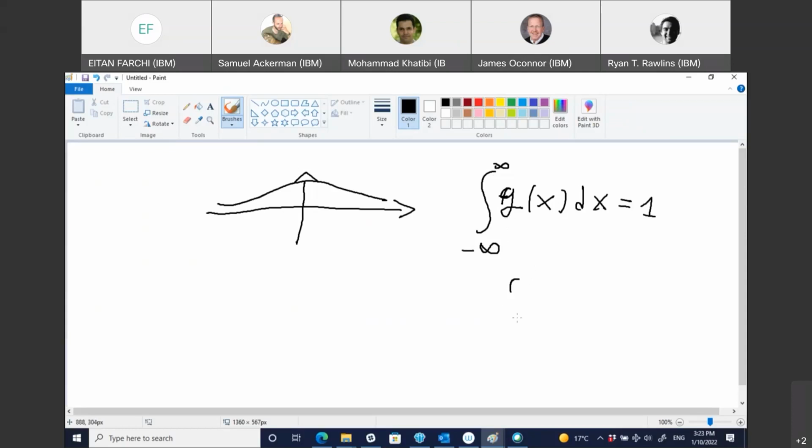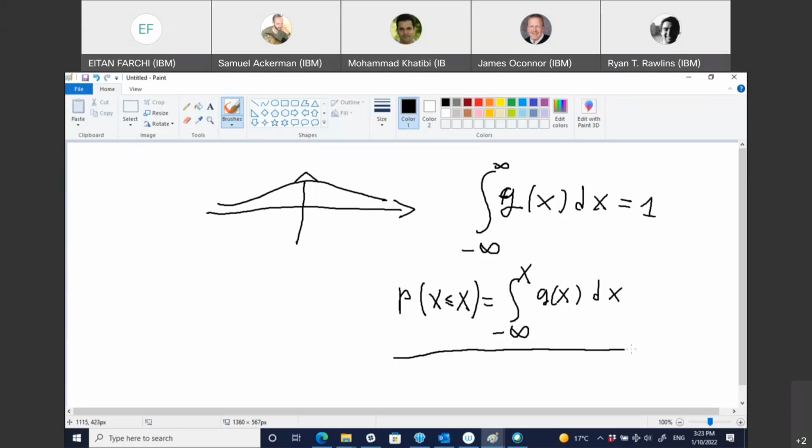And now if you want to know the probability of some event, like what's the probability of getting a number that is less than some x, you just need to integrate from minus infinity to x. That's how you get the probability.